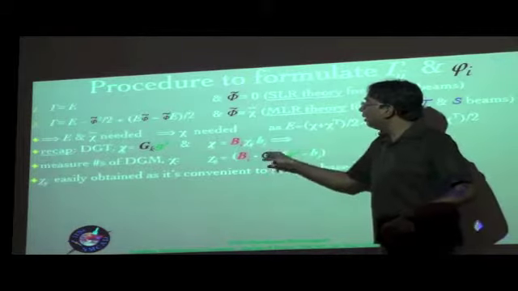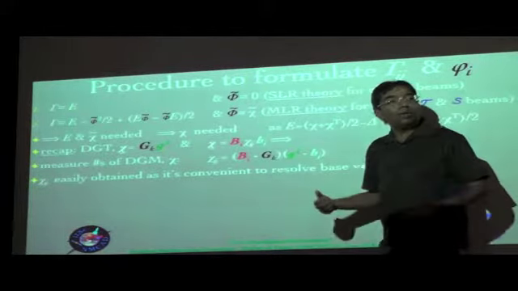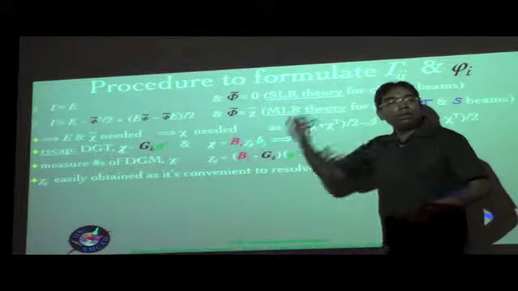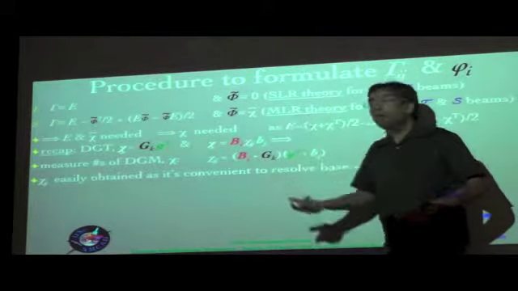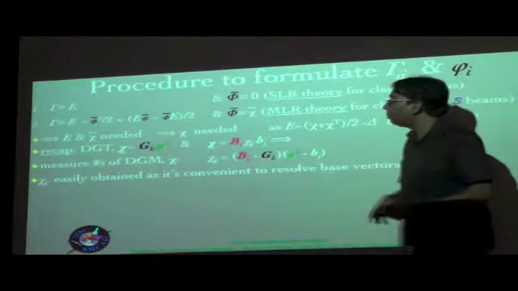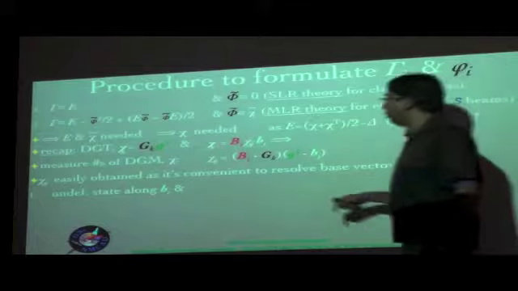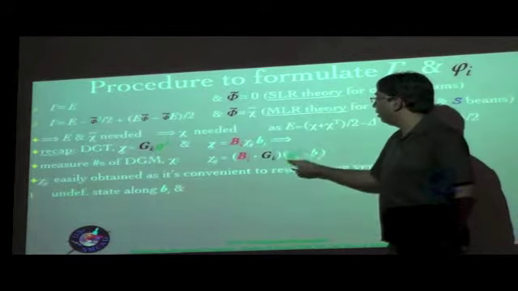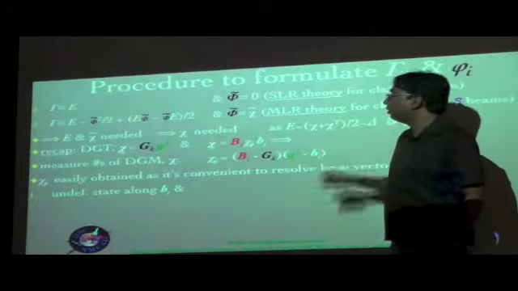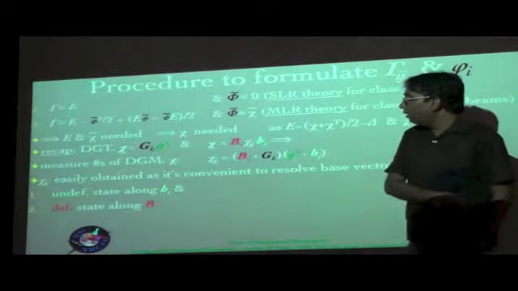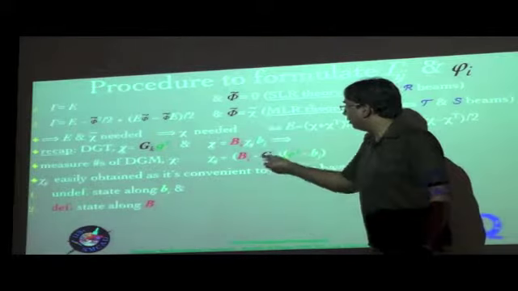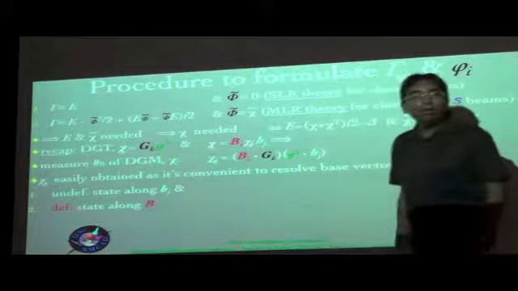So they are already there. All that we have to do is to take the dot product as it is without having to rotate it or transform it to another set of coordinates and then multiply those. So it's convenient to resolve the base vectors of the undeformed state along small bj, that is to get the measure numbers of these along this, and of the deformed state along big Bi.